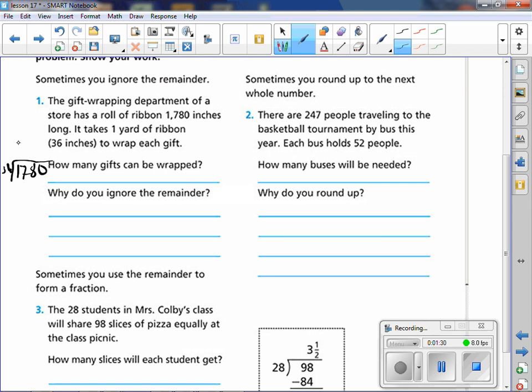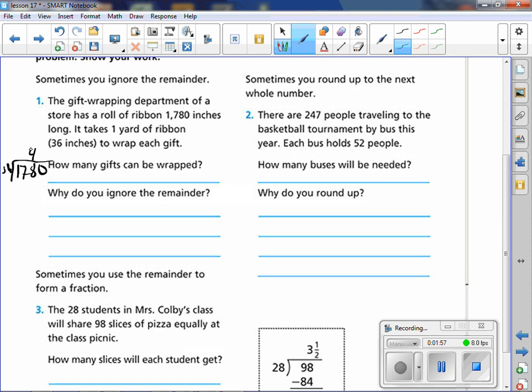Think about that place value. 36 can't go into 1. 36 can't go into 7. 36 can go into 178. I could think about it as 40 going into 180. I would guess then about 5 times. That's not going to work, so I'm going to drop it down to 4 times. Okay, 4 times 36 then is what we're working with.